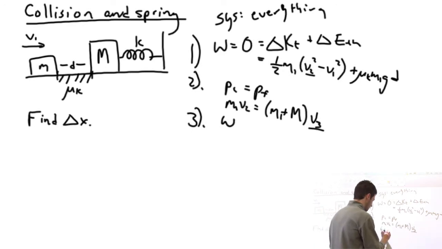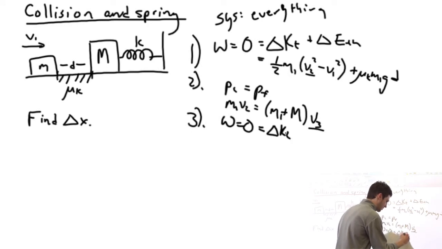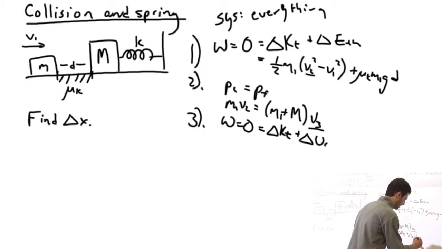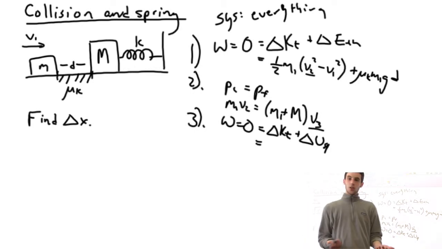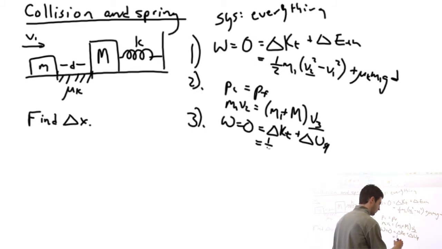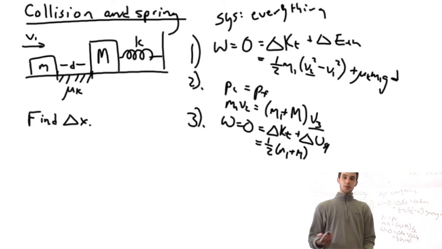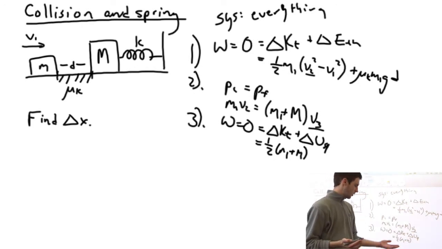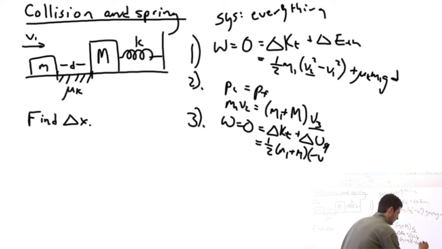In this case, work is 0, my system is still everything, and I'm going to have a delta K translational, because this thing's going to stop, and a change in spring potential energy. So I'll have 1/2 times total mass, 1/2 (m1 plus big M) times v final squared, which is 0, so I won't even write it down, minus the initial squared, which is v3 squared.